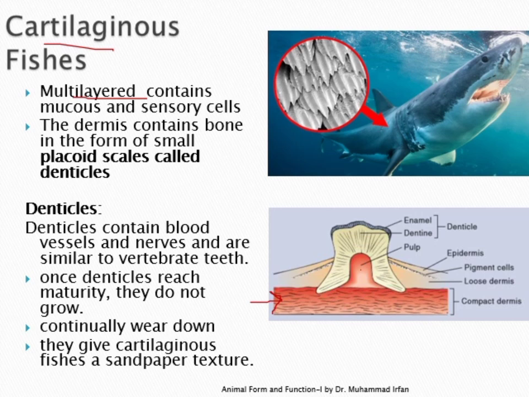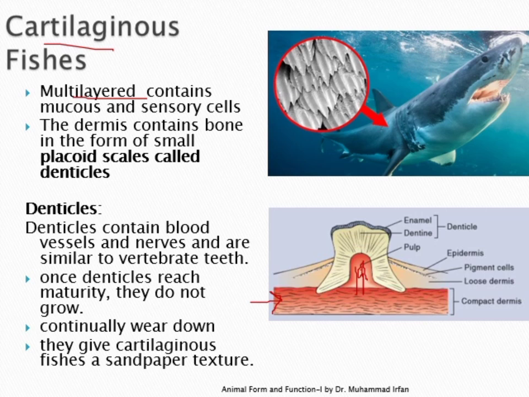So placoid scales are like the vertebrate tooth, and they have a central pulp cavity like in teeth, supplied with blood vessels, and they are surrounded by a conical layer of dentine.